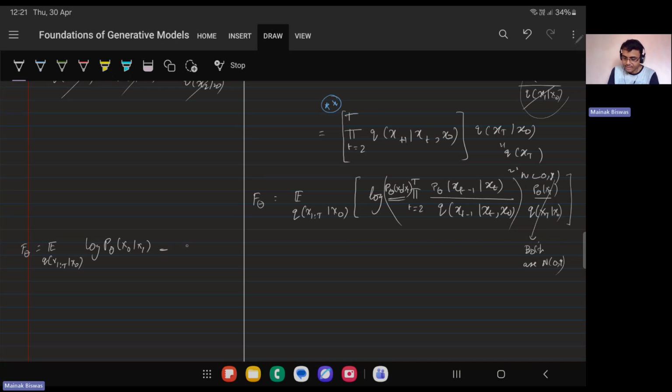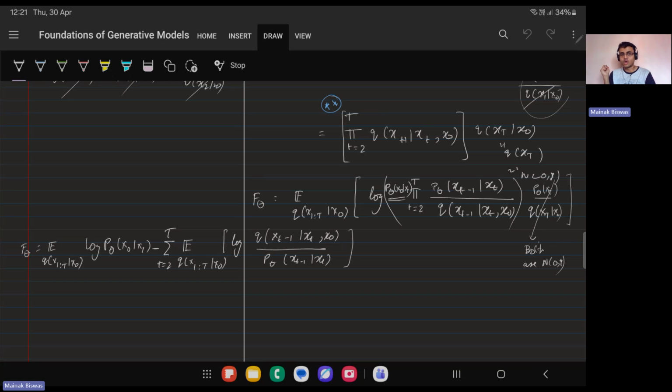I'm putting a negative, we'll see why, of expected value of q of x1 to t given x0, log of q of xt minus 1 given xt comma x0 by p theta of xt minus 1 given xt. Okay. And this is a summation of t equal to 2 to capital T. Okay. So this is what I have.